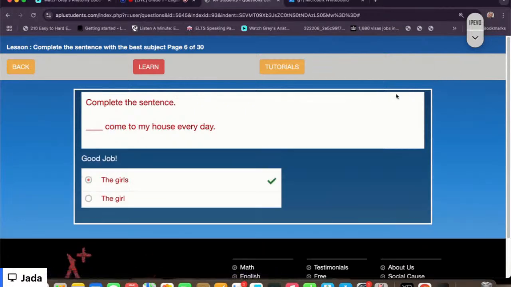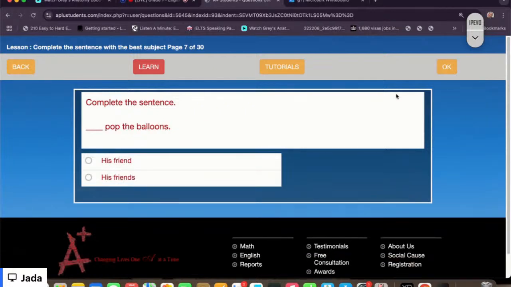So come is without s, so the subject would be more than one. Pop the balloons. What is the right subject here?